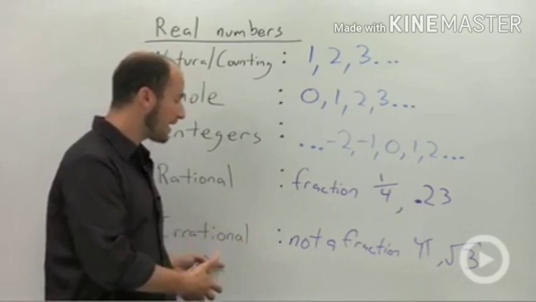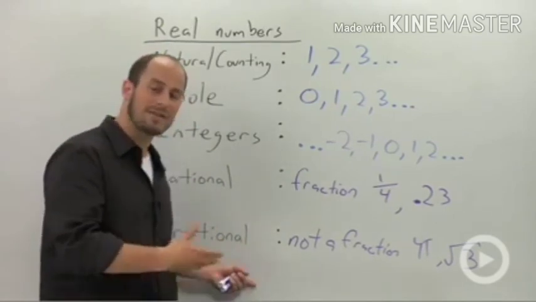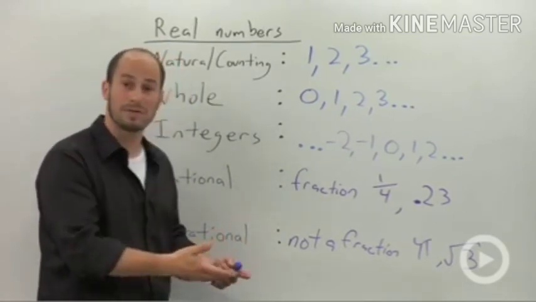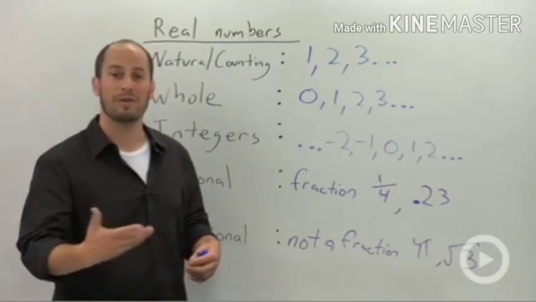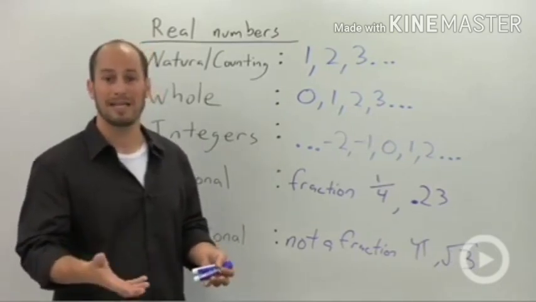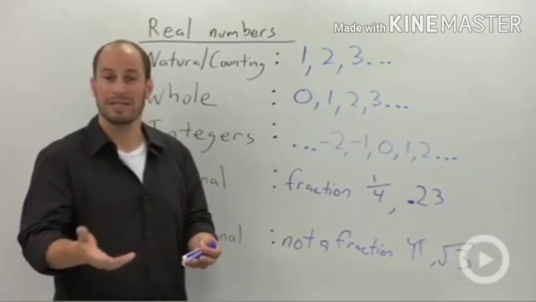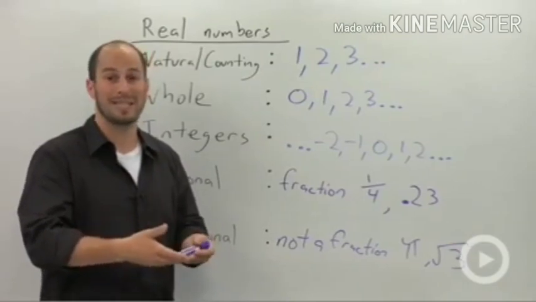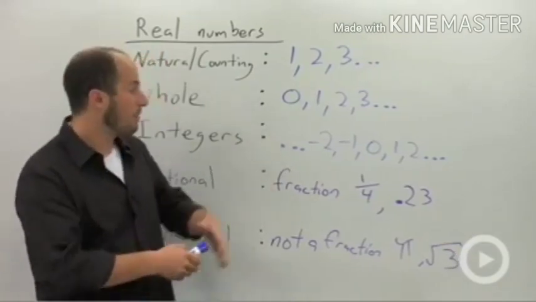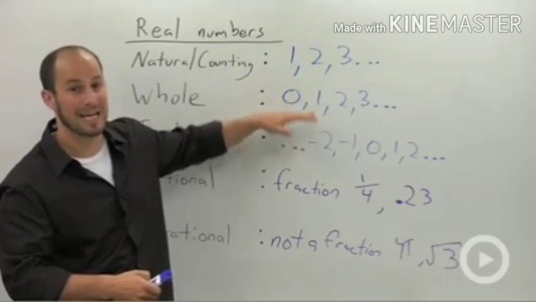Like we're used to saying, okay, radicals are irrational, square roots. But something like the square root of 36, we know what that is. So that square root doesn't have to be there because the square root of 36 is actually 6, which would then put it into all three of these categories.